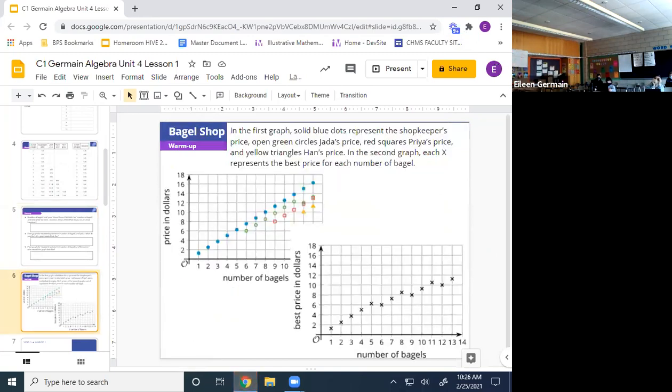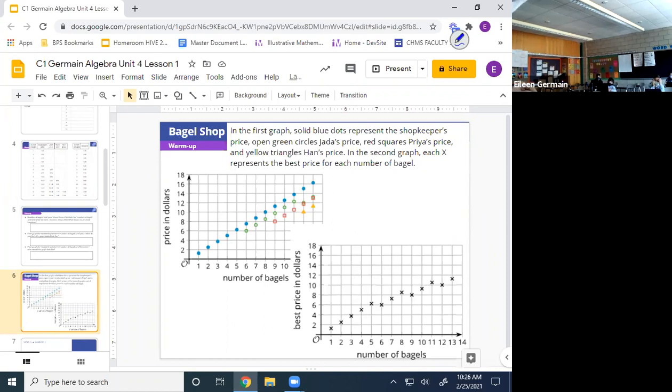Okay? So this one with all the colors is the number of bagels versus the price. This black and white one down here is the number of bagels and the best price. So what do we notice about these graphs first of all? What's one thing that you notice? About maybe the points, about anything.